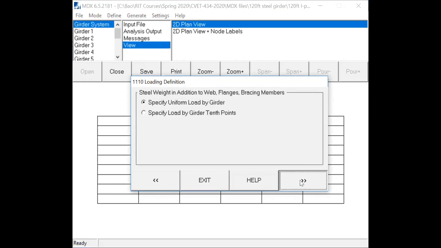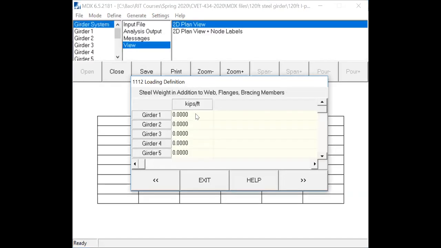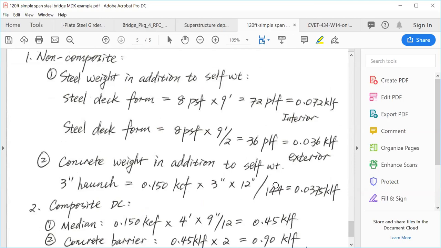And then in this tab, I will input the steel deck form weight. For example, let's go back to this problem, and I put the load calculation.